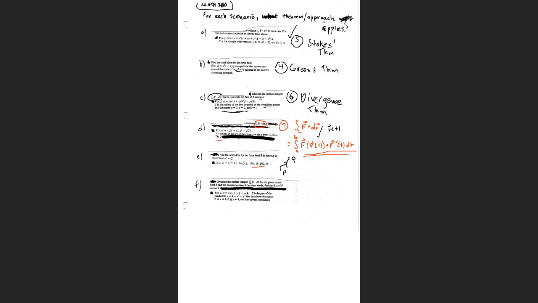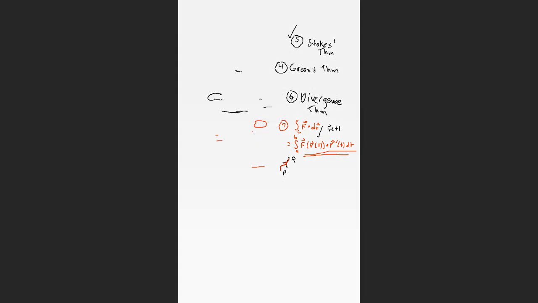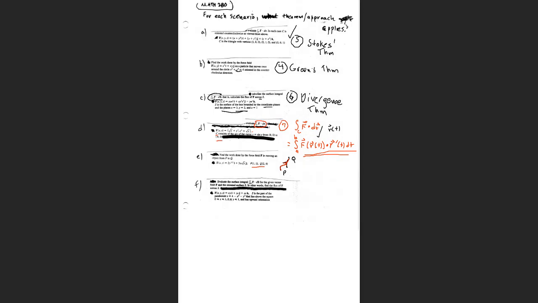you get from point P, let me just think about your space curve here, point P to Q. They don't care how you get there. In other words, it appears that you have independence of path for this part E. And that tells you what kind of vector field F is.